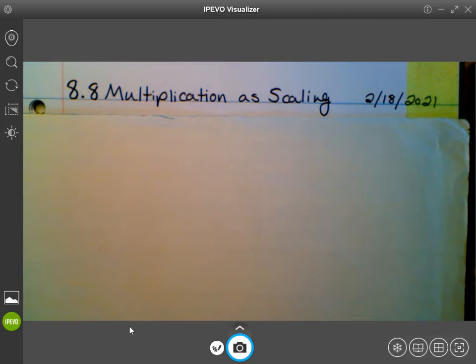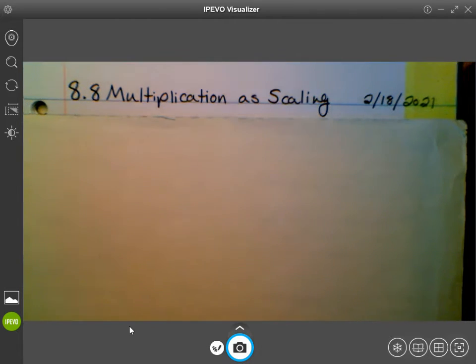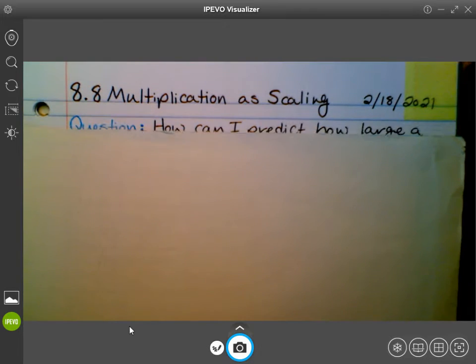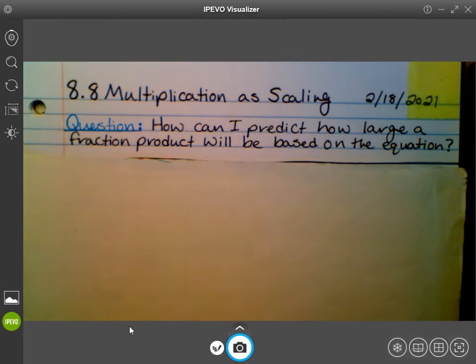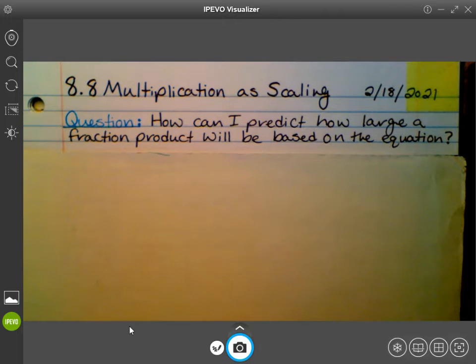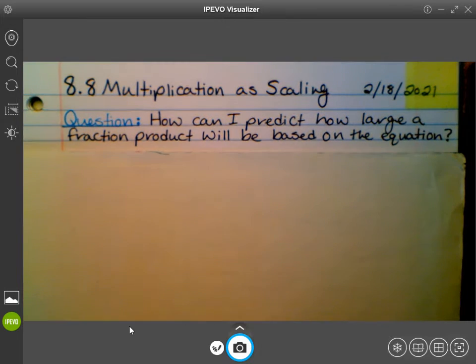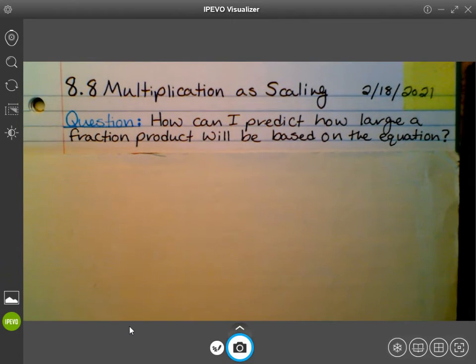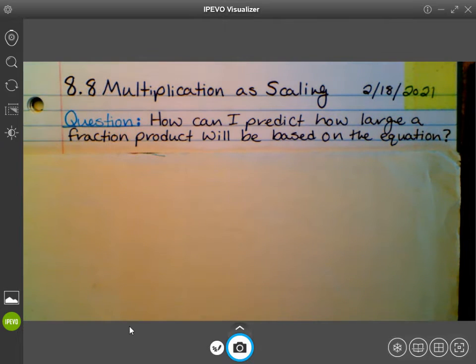Okay, so what we're going to start off with is the question that we're basically answering. How can I predict how large a fraction product will be based on the equation? So you might be thinking, well, Missy, there's a lot of words in here. Well, we know that predict is like an educated guess.